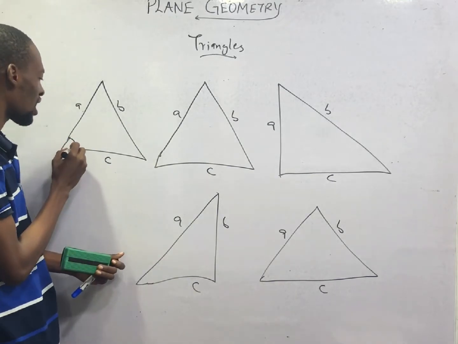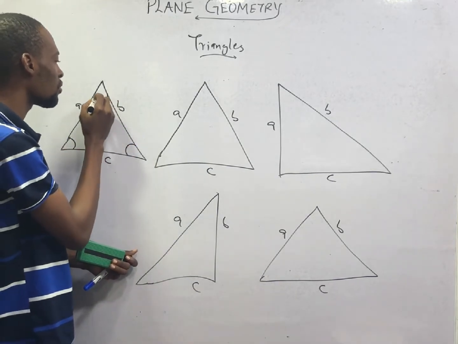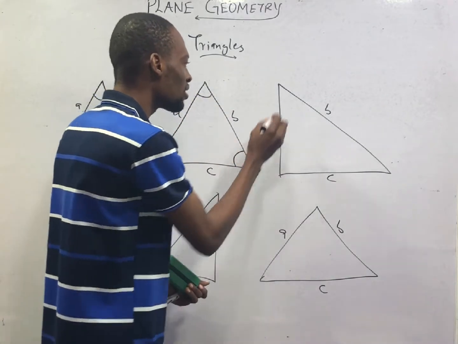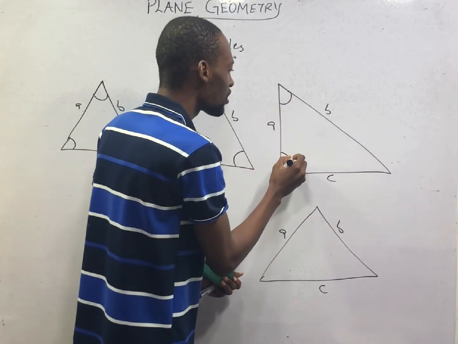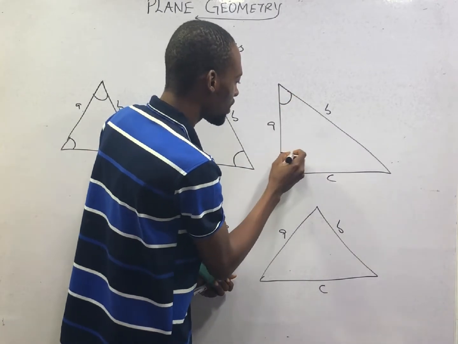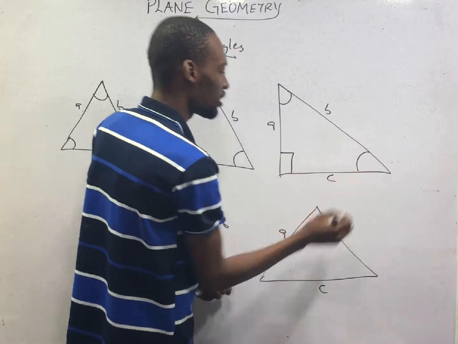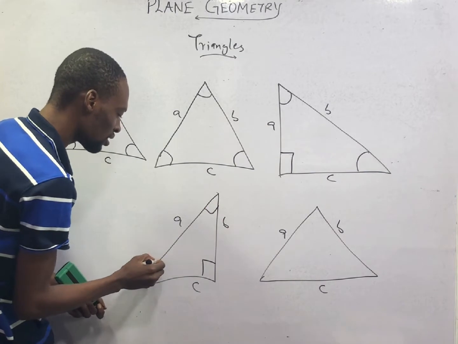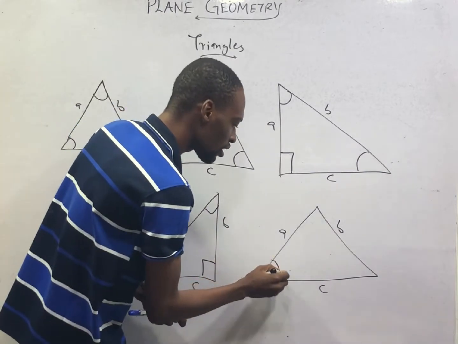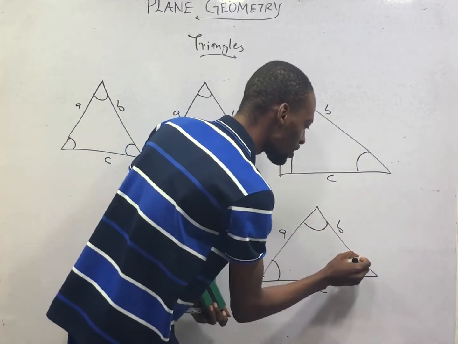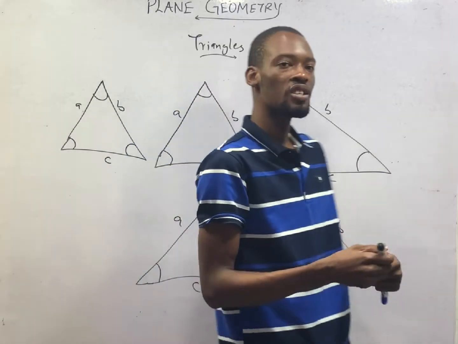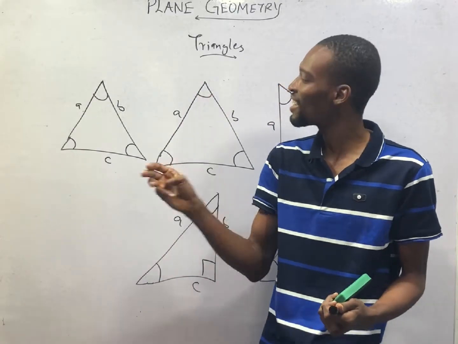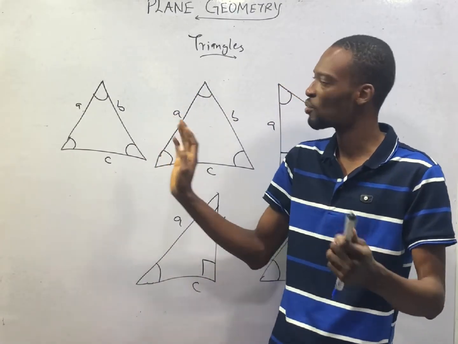So here we have an angle here, an angle here, an angle here. Which means, so far, we know that triangles, they have 3 sides and they have 3 angles.